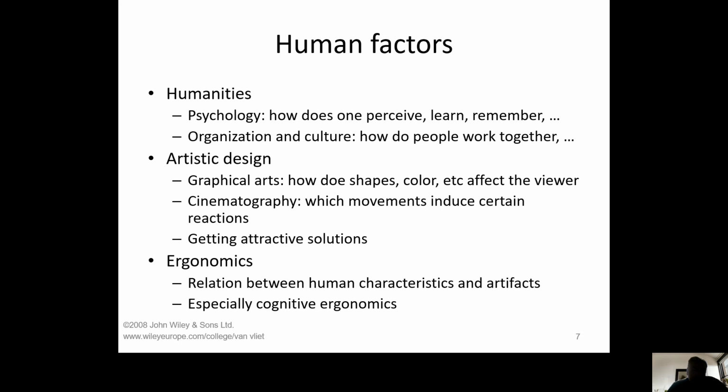And of course, ergonomics, the relationship between human characteristics and artifacts. For example, you design the keyboards a little more friendly so your wrist won't hurt, or your phone has more space. Nowadays with the new Samsung, you could open it up, in case you want it, and it becomes a little wider or bigger.